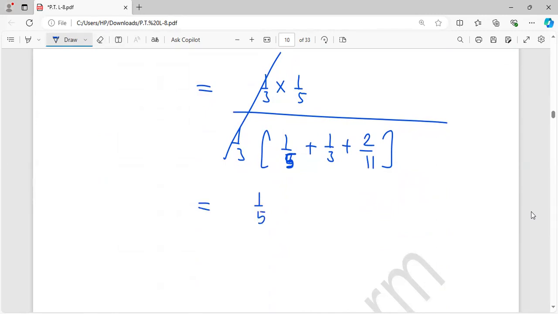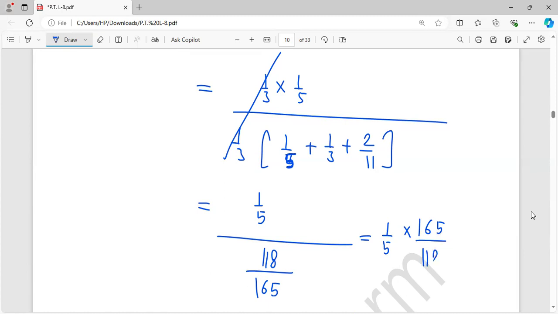This is 1 upon 5 upon 118 upon 165. So solve it: 1 upon 5 into 165 upon 118, which is 33 upon 118. Can we cut it down further? No, it will not cancel out. So it is 33 by 118. Okay, so this is the answer.